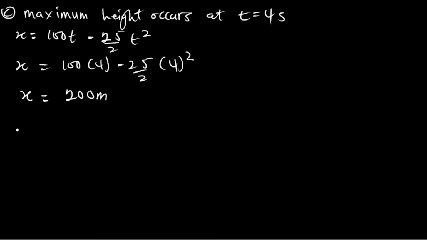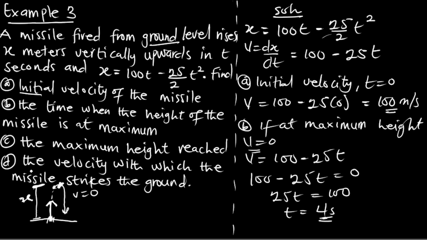The D part, let's see what it is saying. It says the velocity with which the missile strikes the ground. So we want the velocity. The missile will travel one way here, and travel another way here.